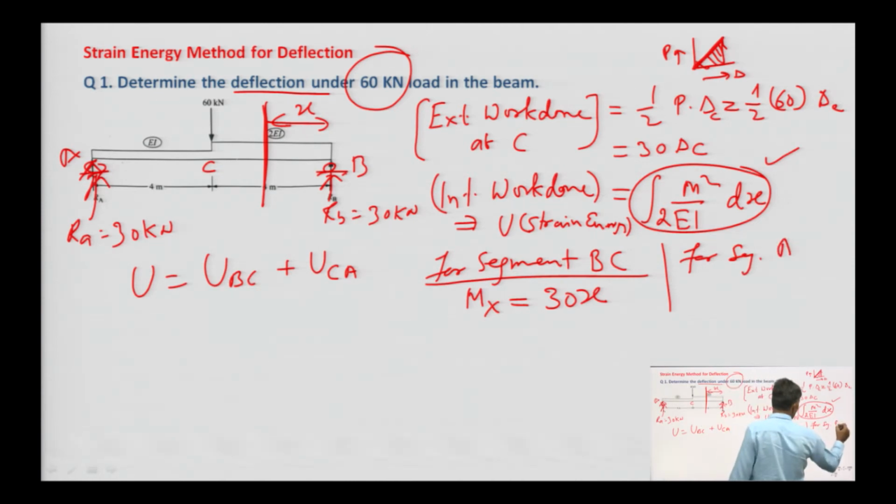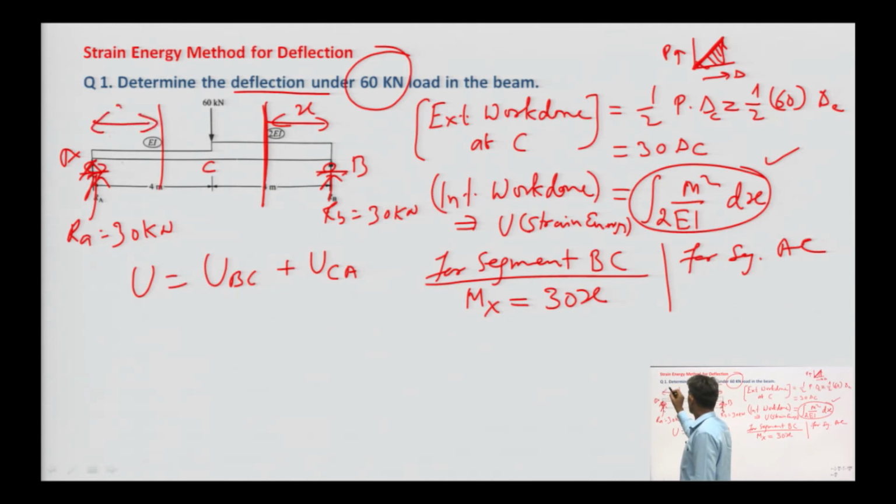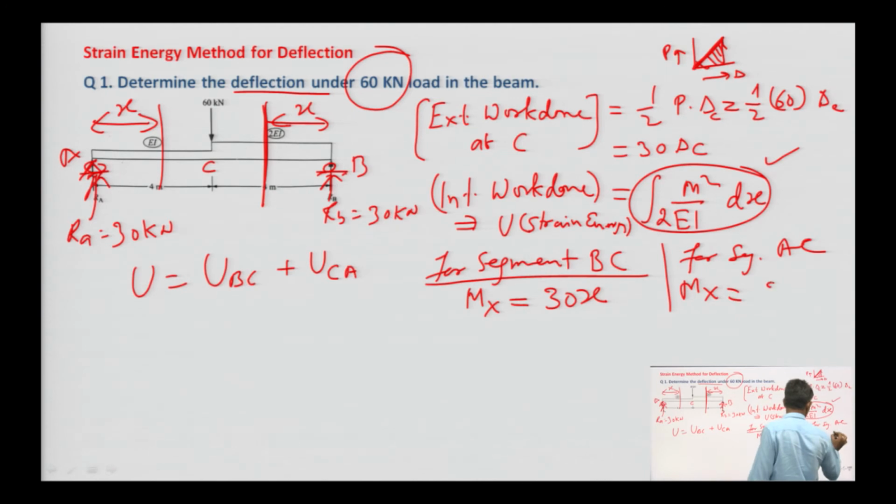Similarly, for segment AC, let us consider this section. What will be the value of Mx for this segment? It is again 30x, and this is in the clockwise direction. So, if we have taken positive for segment BC, then it will be negative.